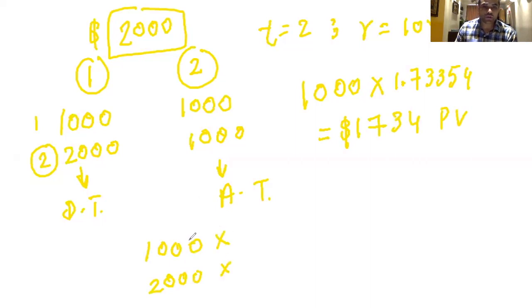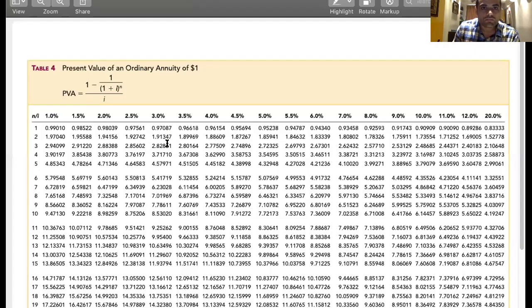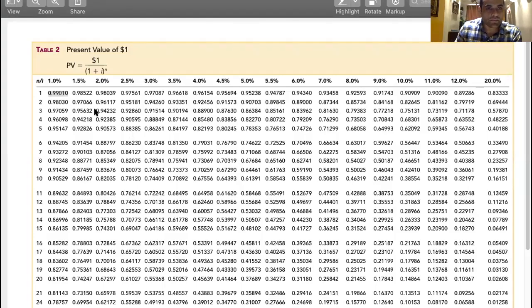So first year, second year. First year here. So we have to find the discount table. Oh, this is the NUT table. And here is the discount table.